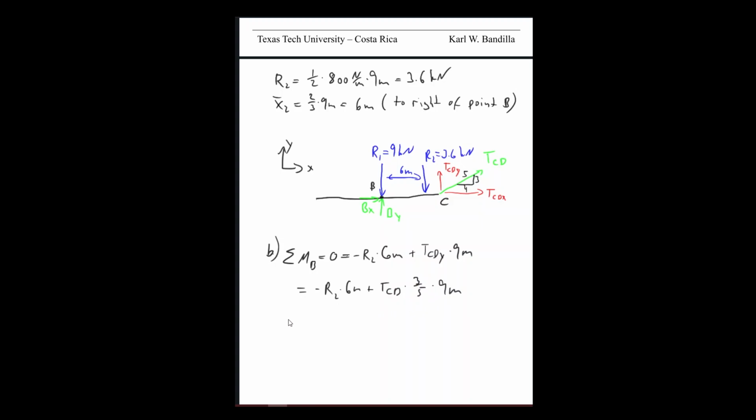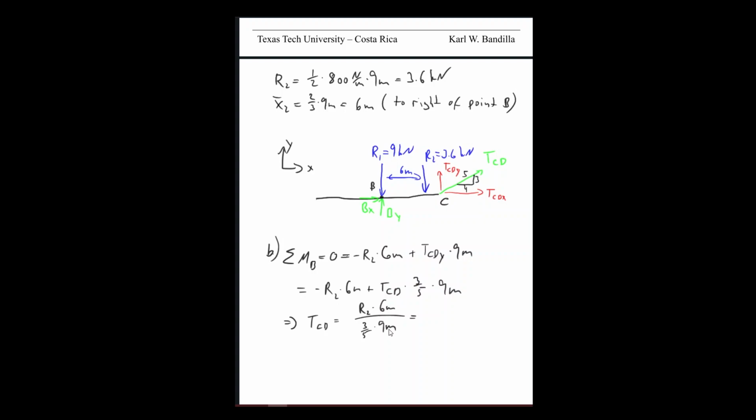Alrighty, then we can solve for TCD. TCD is then equal to, this was negative, so we can flip it, R2 times 6 meters divided by 3/5 times 9 meters. R2 we calculated up there is 3.6 kilonewton.